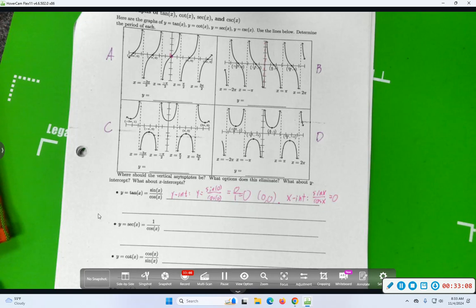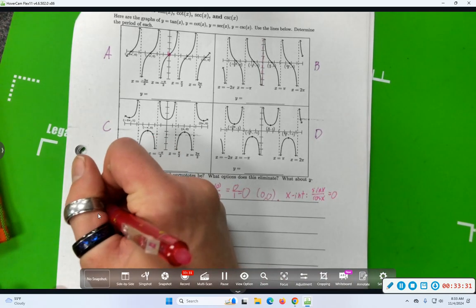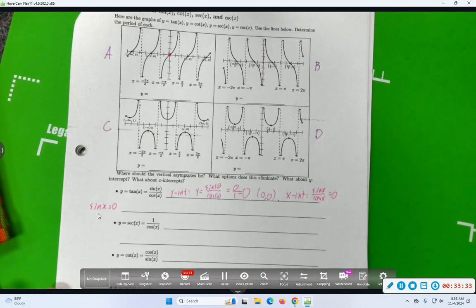Well, that looks like an equation that maybe takes a little bit of effort to solve. What seems like a good first step? Yeah, there's division, and that's annoying. There doesn't have to be division. I can multiply both sides by cosine of x. Multiplying 0 by cosine of x just results in 0. So I just get sine of x equals 0.